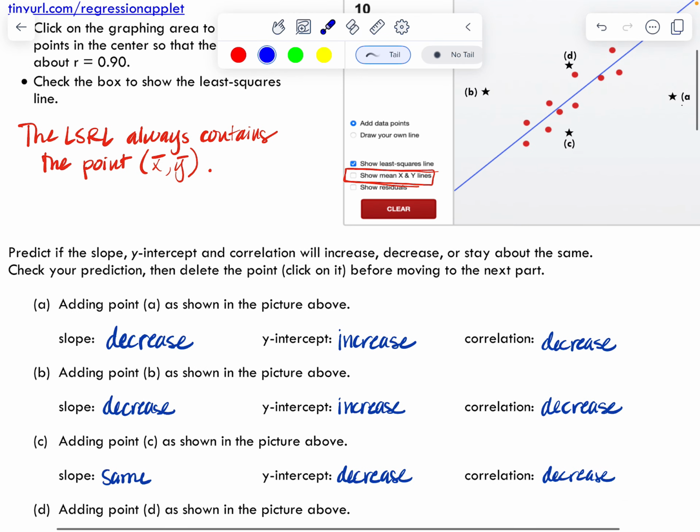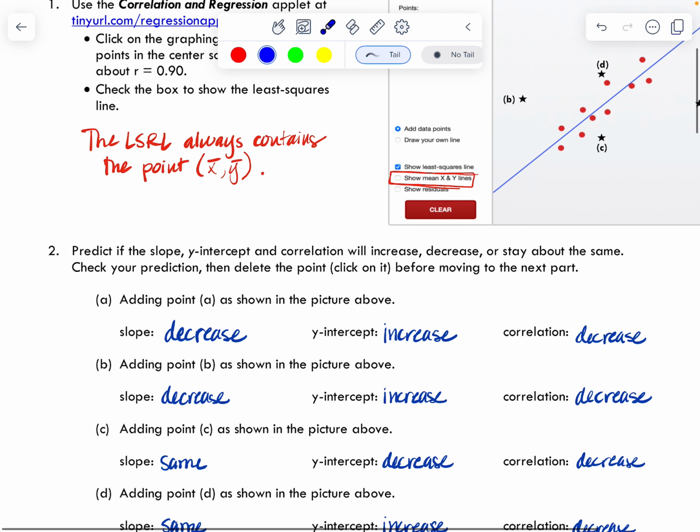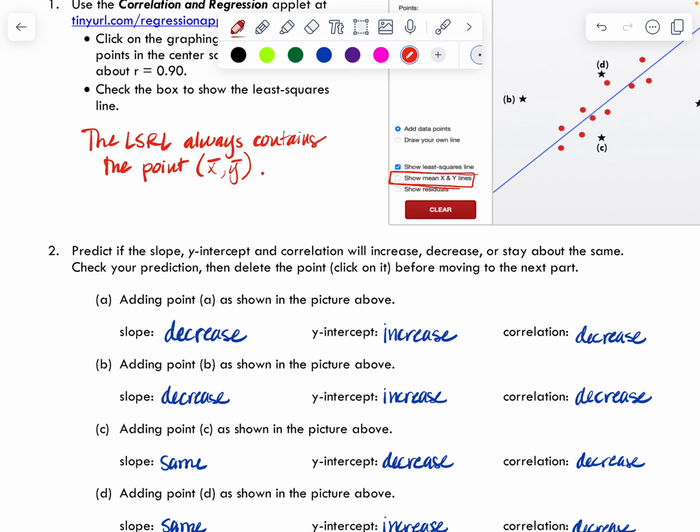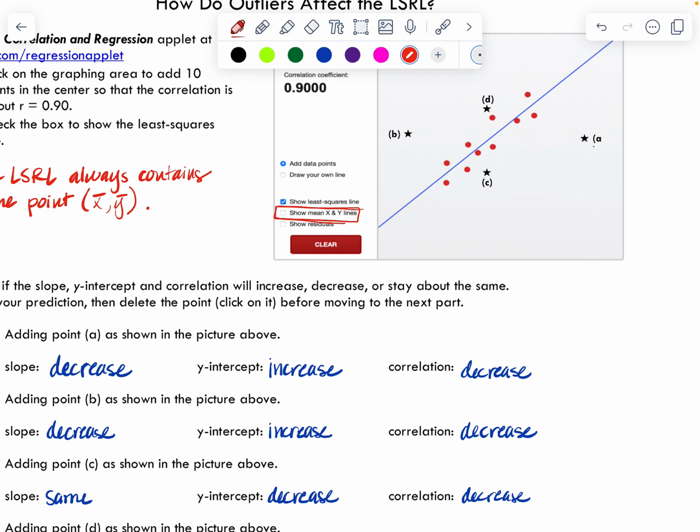So adding point A and B both decrease the slope because these two points cause the line to tilt. We'll look at an example of that in class next time, but both of these cause the line to tilt. So if I put A in there, it's going to make my new line look something like this.